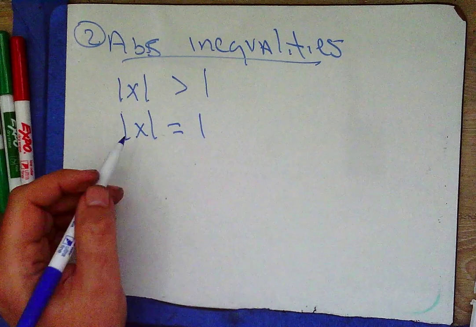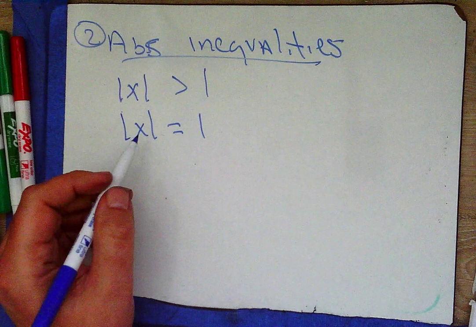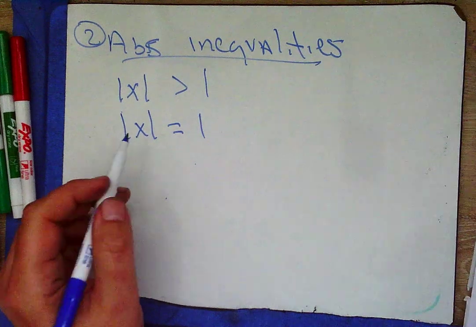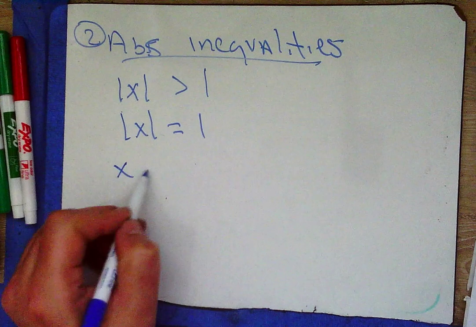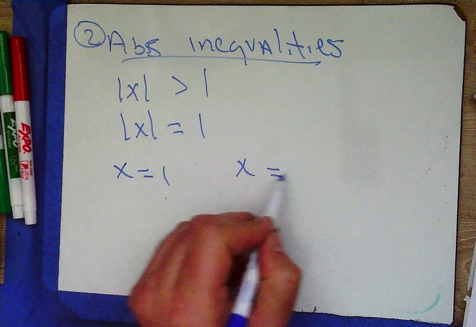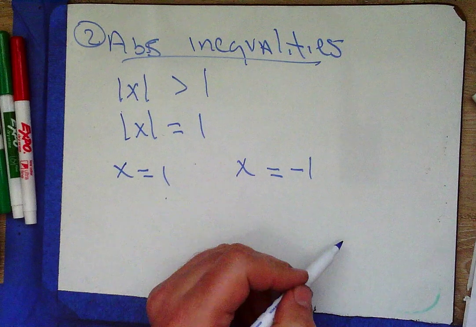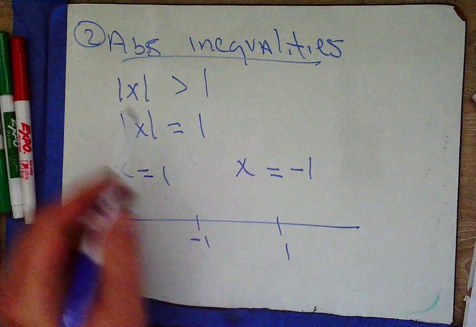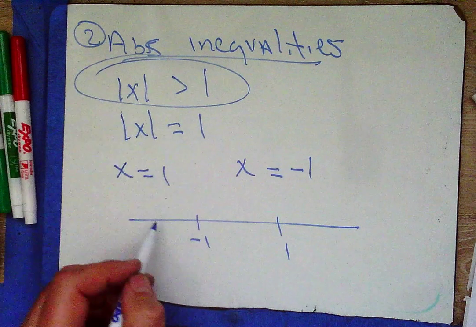Now we have to solve the absolute value equation. Remember, when we were solving absolute value equations a couple of assignments and videos ago, we had to write the positive component, but we also had to write the negative component. We take those critical numbers and we put them on a number line, and then we test values in the original inequality.